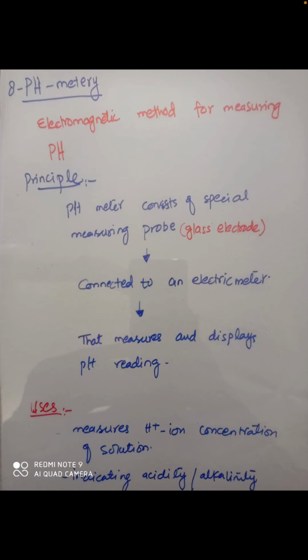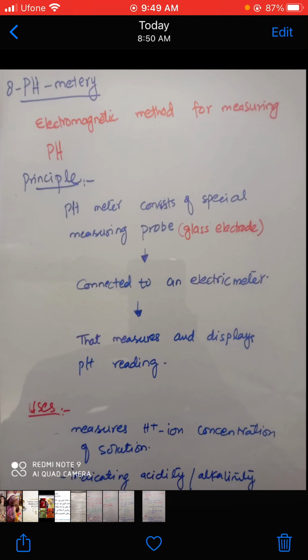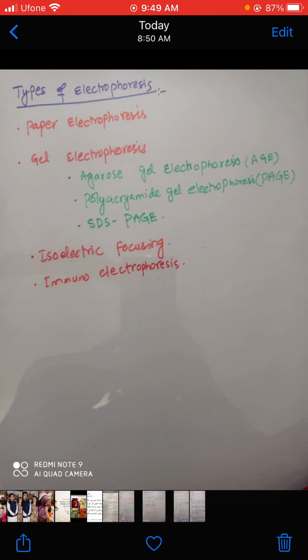Whenever we dip this glass electrode into the solution, it measures and displays the pH reading and sends the signal to the electric meter. So the uses of pH meter include measuring the acidity or alkalinity of the solution. So these are the last techniques of your syllabus.